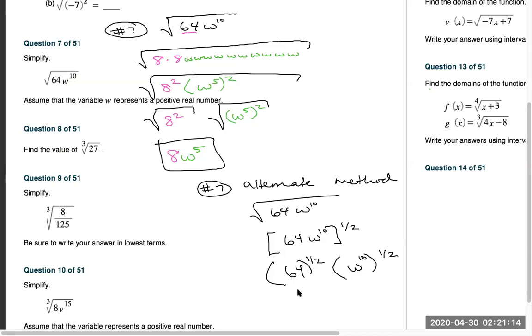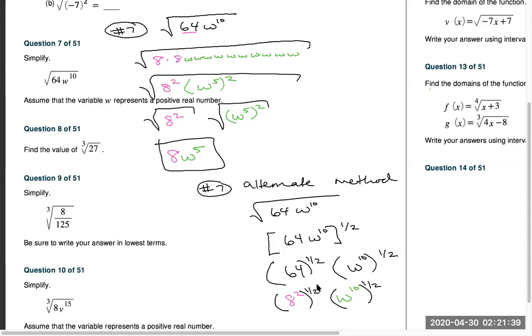64 to the 1/2, so that's going to be 8 squared to the 1/2 power. And then over here, you're going to have w to the 10th to the 1/2 power.